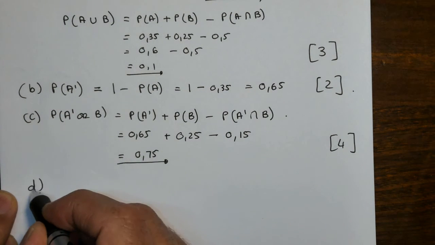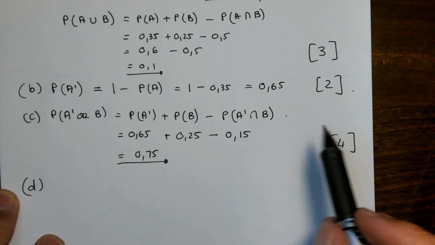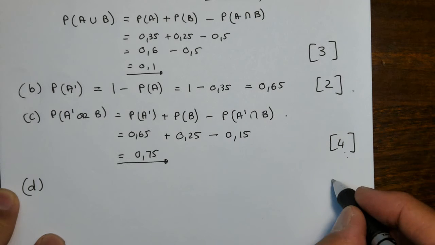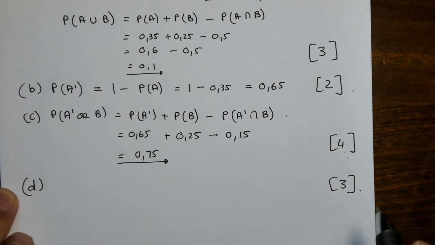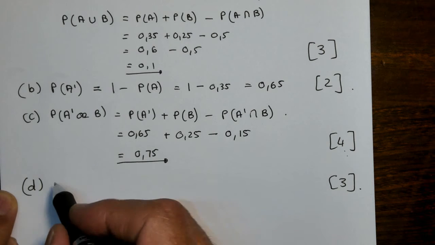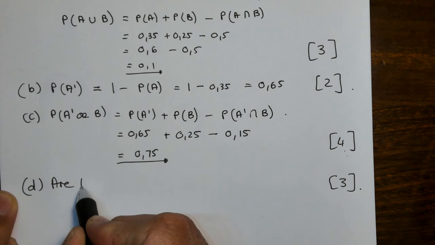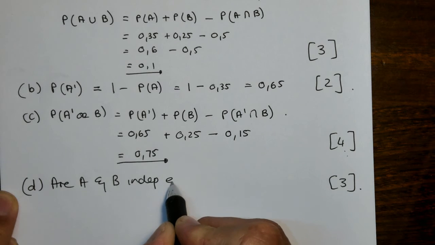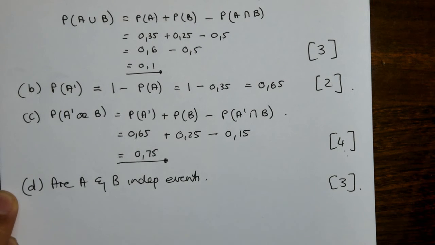Then the last question here, which was obviously for the remaining marks. This is 7, 8, 9, so it's for 3 marks. They're asking us whether A and B are independent events. Are A and B independent events? Now what do we know?